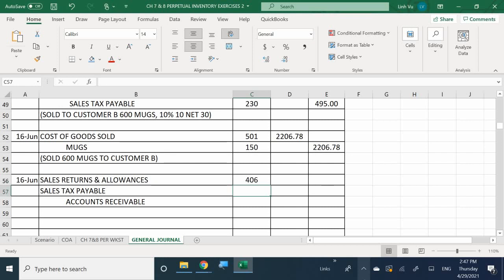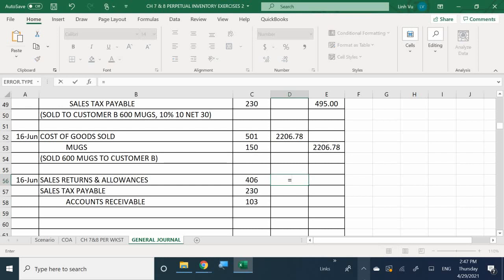Okay. Sales tax was 230. Accounts receivable was 103. Okay. So let's first off calculate, if we originally sold him 600 mugs at $10 each, right? So in this case, how many mugs is customer B returning?